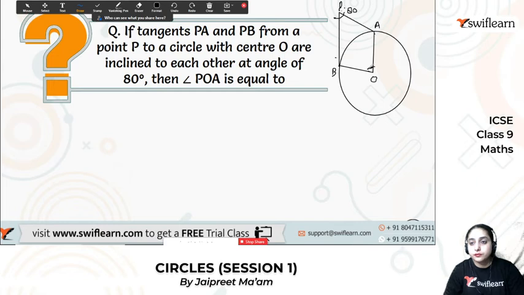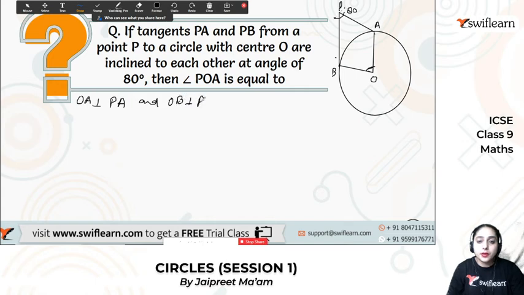Okay, now how will we find the angles? It's already given. That means OA is perpendicular to PA and OB is perpendicular to PB, correct? So that means angle OBP is equal to angle OAP equals 90 degree.